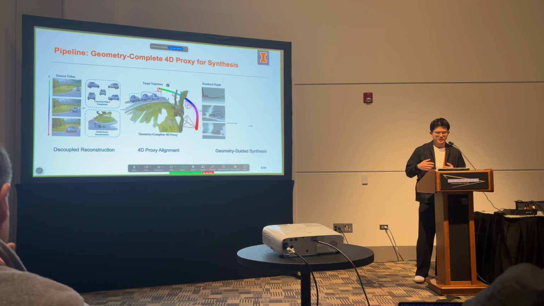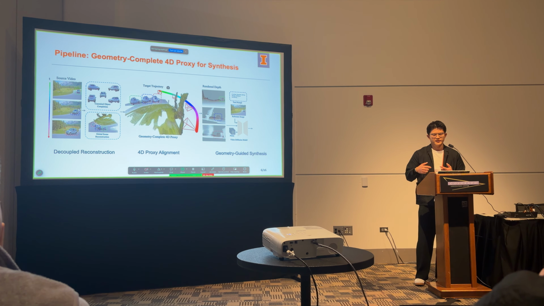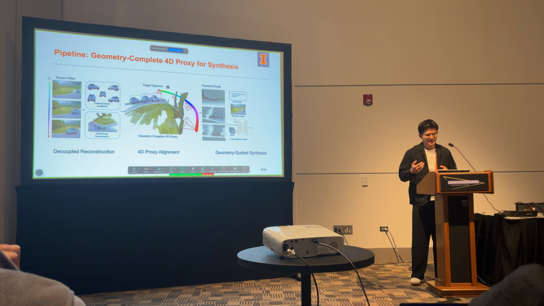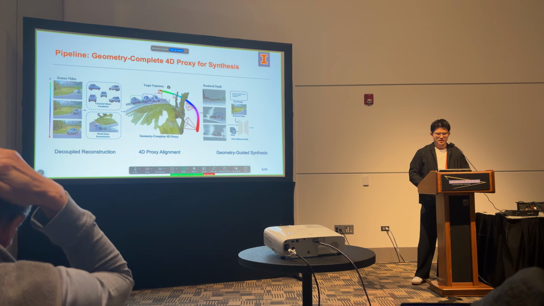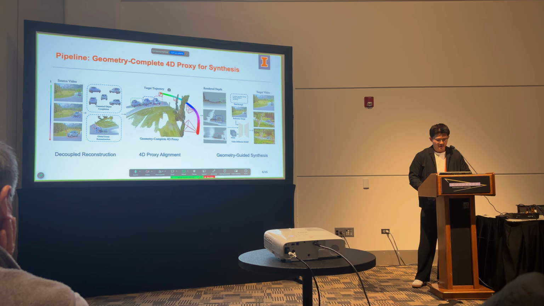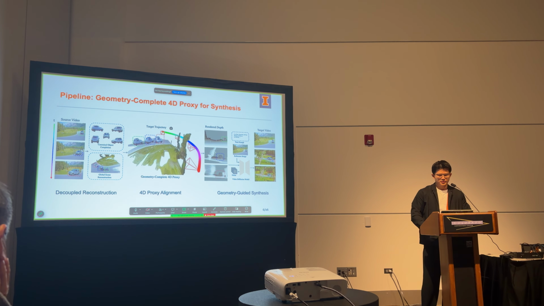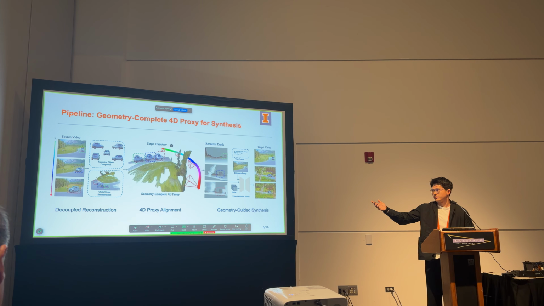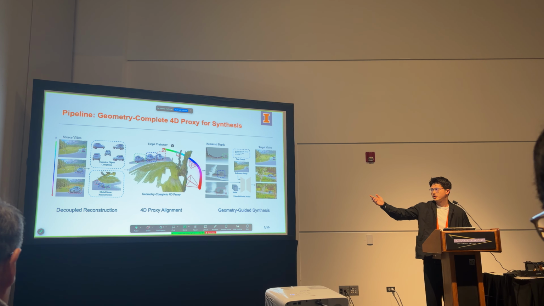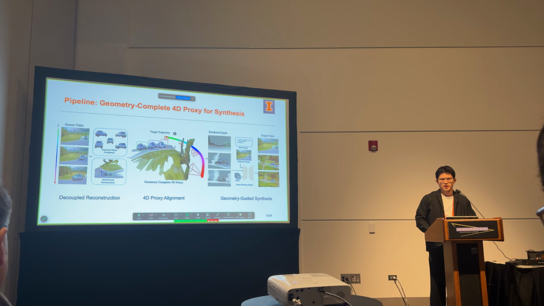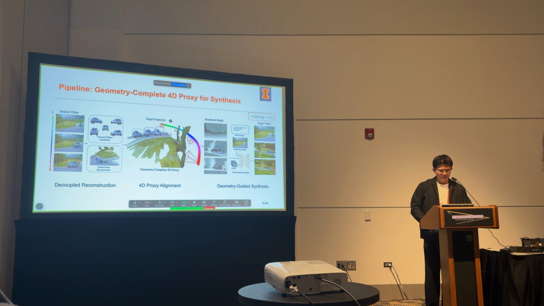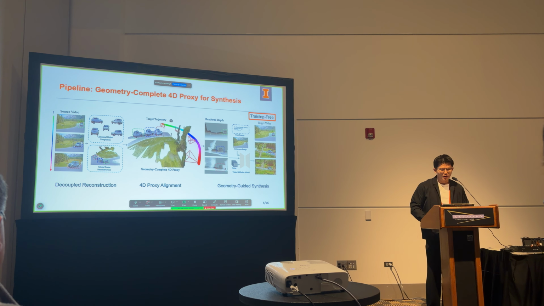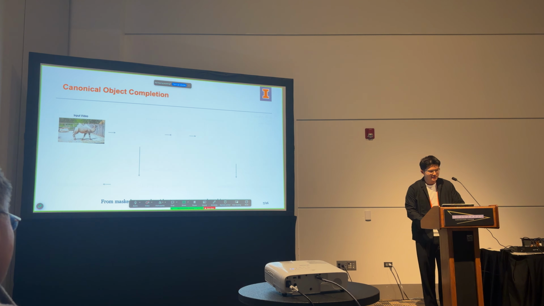And then we render the depth map, which serves as geometry guidance for the next video generation part. Together with the text prompt and reference image, we get the final video. You see, in this example, the car is occluded by the trees in the foreground. And the main point is the whole pipeline is training free.